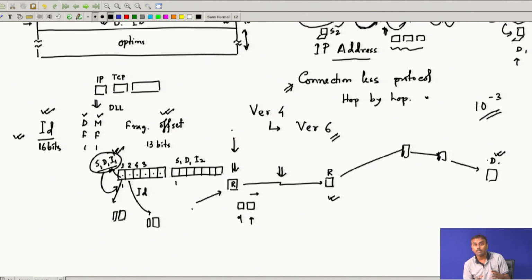So, basically if they are fragmented, then you have to identify which source, which destination and which ID, and accordingly you have to club them. After clubbing them, you have to see those fragment offsets, accordingly rearrange them and then construct the whole packet, stripping off all the corresponding IP headers and then deliver it to the transport layer.